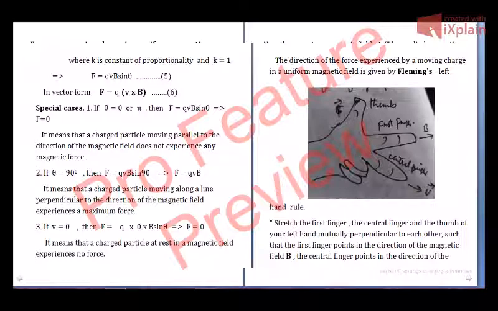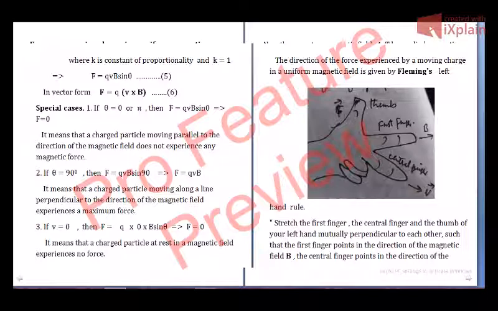Now we have special cases. Case first: if theta is equal to 0 or pi, what does it mean? If the charge is moving parallel to the direction of the magnetic field B or anti-parallel to it, they are moving along the same line.